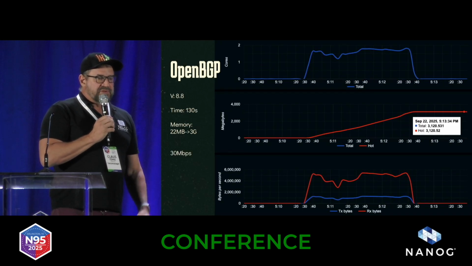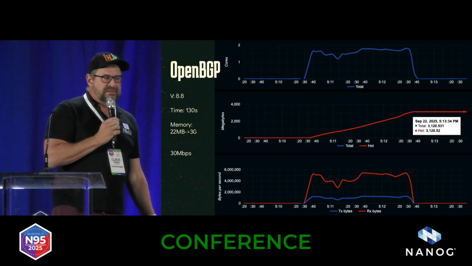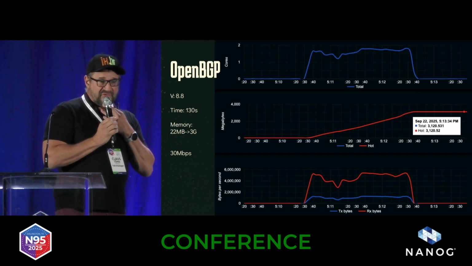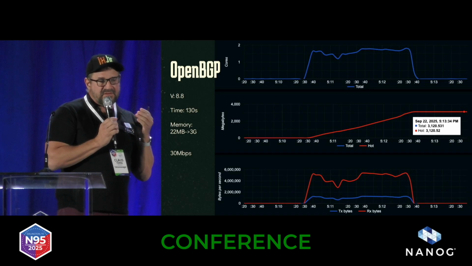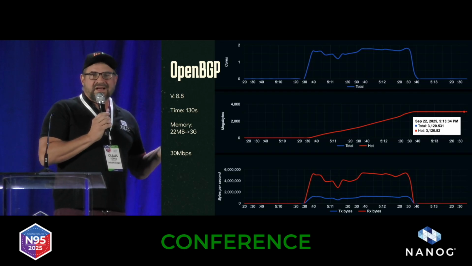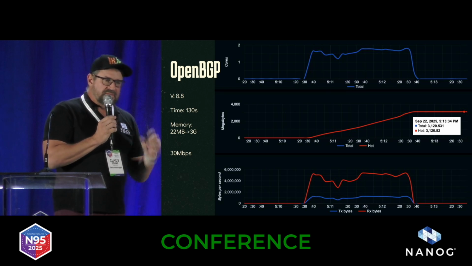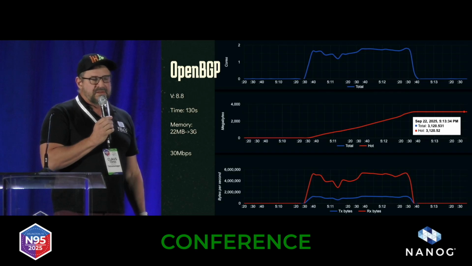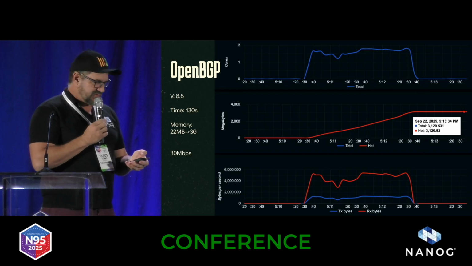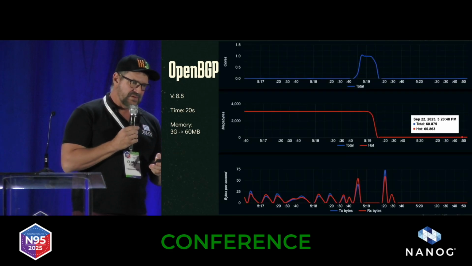And then comes OpenBGP. OpenBGP has the idea of having more, I mean, in terms of security, and in terms of performance, it's not as bad, right? It took 130 seconds, around 1.5 cores, which is not as performant as Bird, but double the time, and 3 gigs of memory, around 30 megabits per second in terms of transferring the table, the 5 million entries.